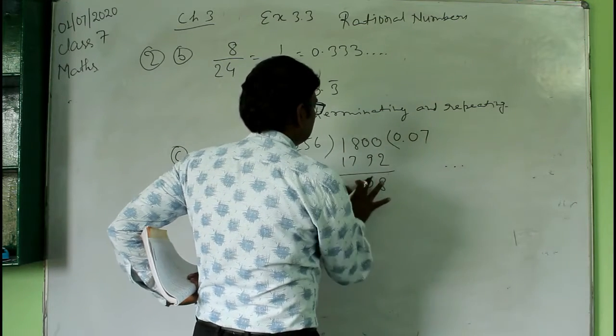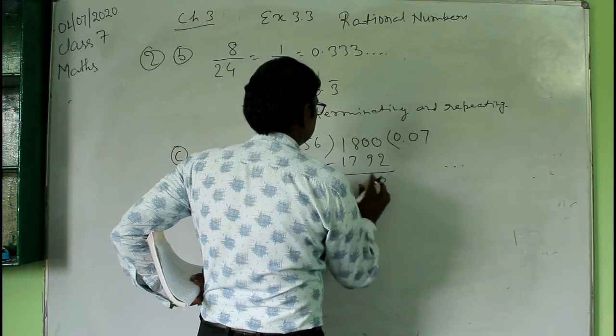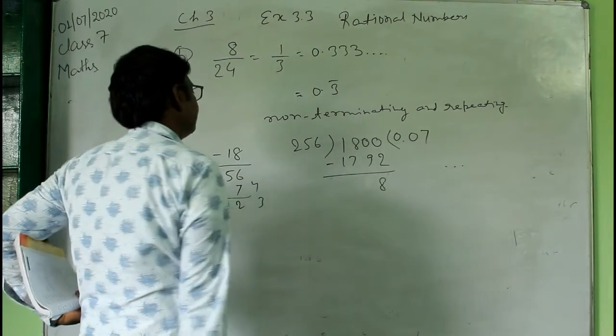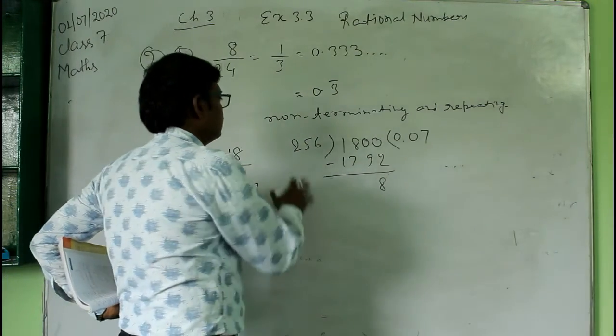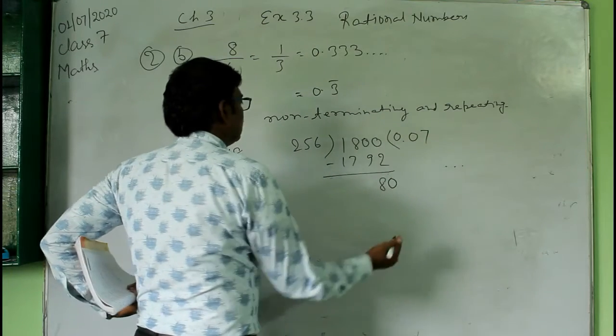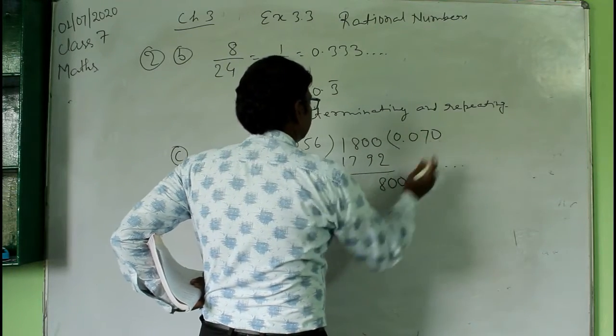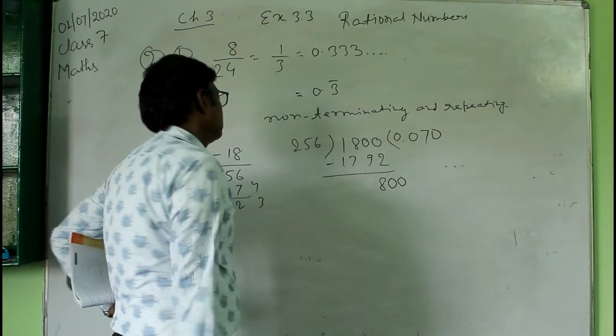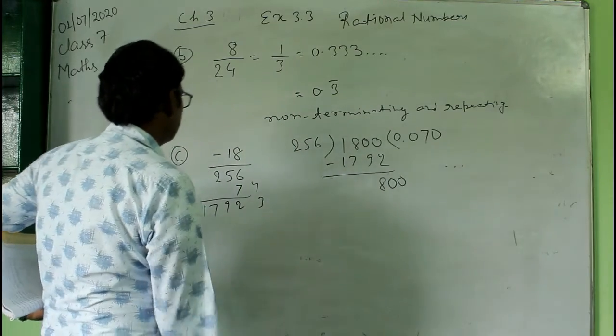So it is 8 minus, then now 256 here, then it is 8, then here put 0, then still it is smaller. Then again put one more 0. Now divide this number by this. So it will go by 3 or not.